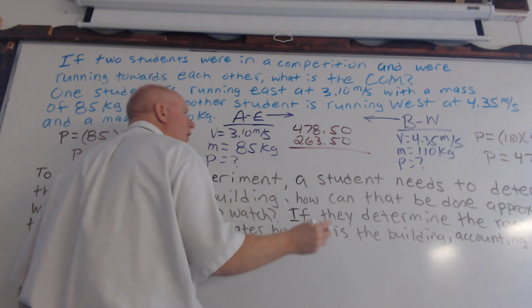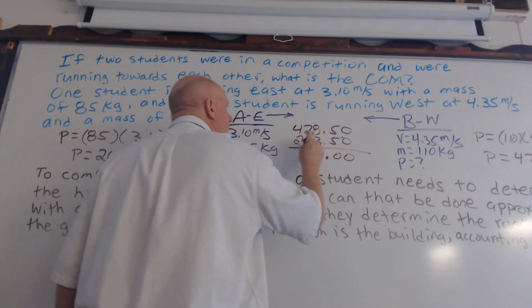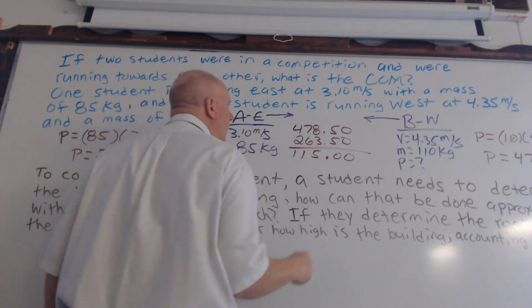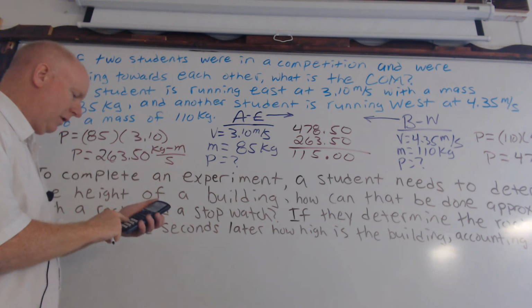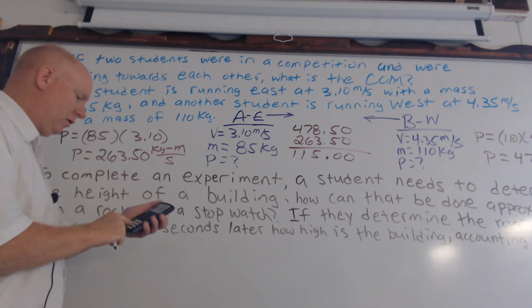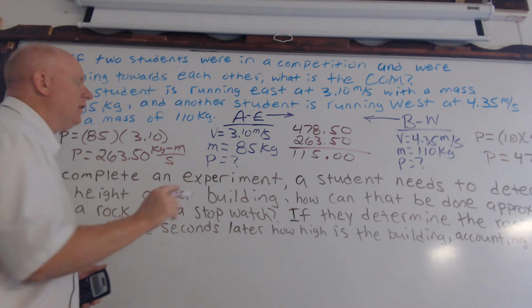Go ahead and subtract those. And some of you are more comfortable doing it this way: 478.5 minus 263.5, and we get 215.